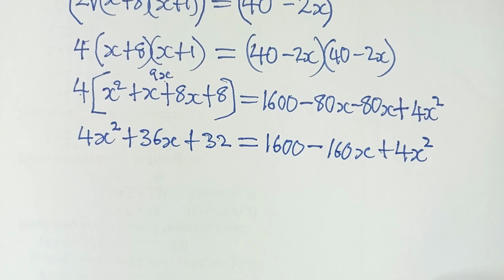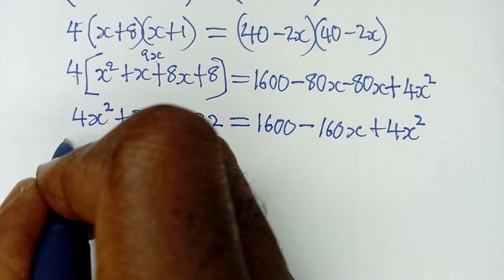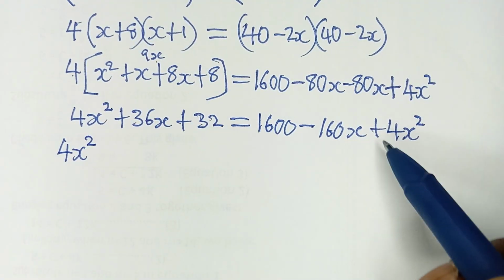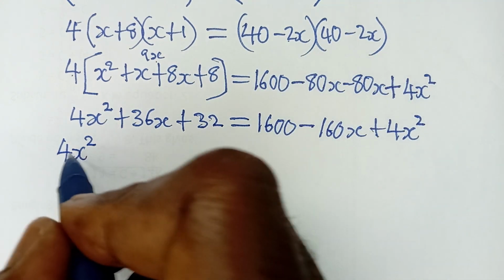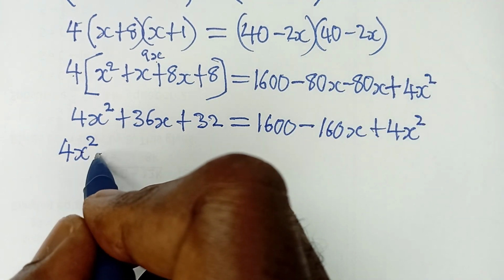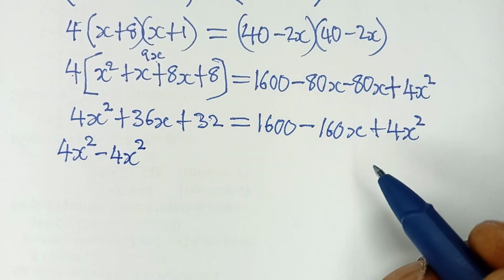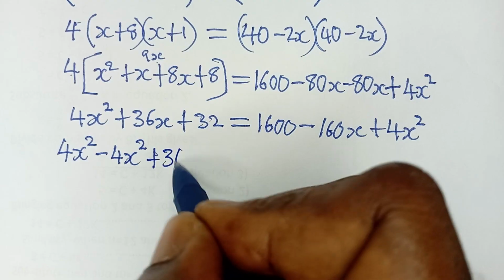Now let me collect like terms. So I have 4x squared here. This positive 4x squared, because they are like terms, if it comes to this side, becomes negative 4x squared. Then I have plus 36x on this side.